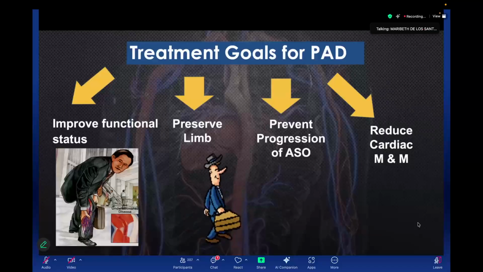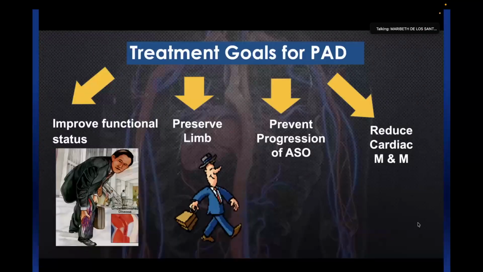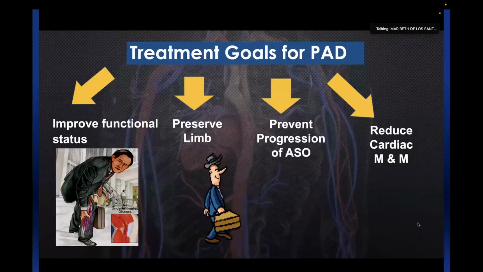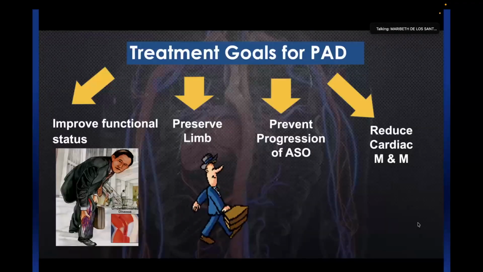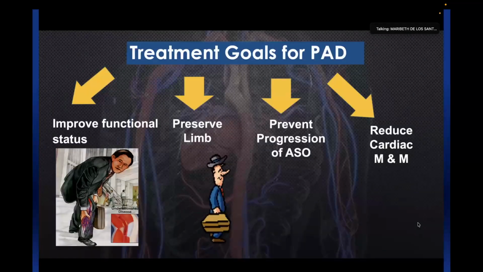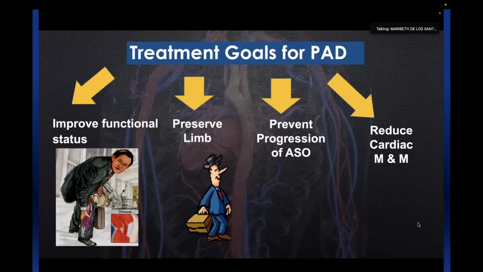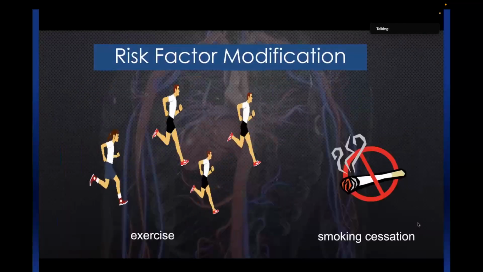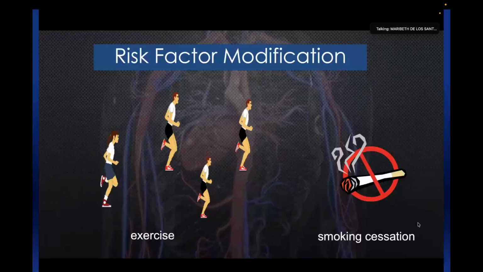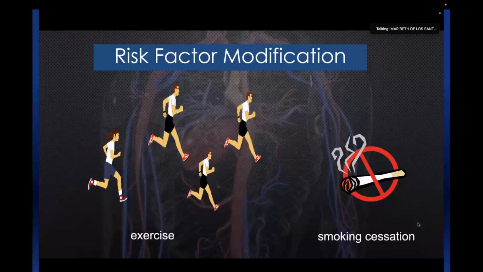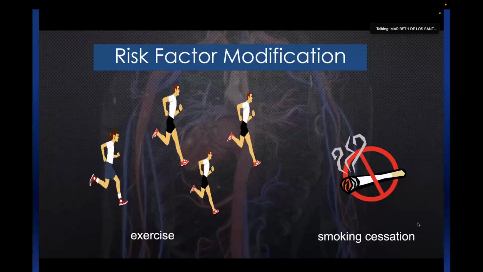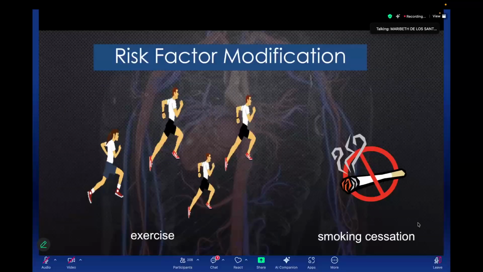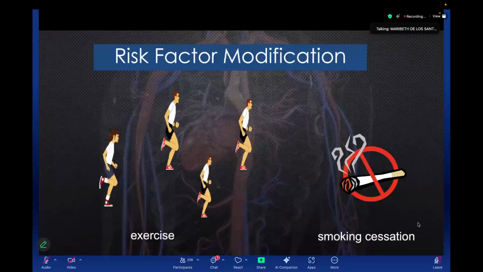We want to address all the risk factors for atherosclerosis, which are also the same risk factors for cardiovascular and cerebrovascular events, in order to decrease cardiac morbidity and mortality. So modification of risk factors is very important in the management of patients with PAD.